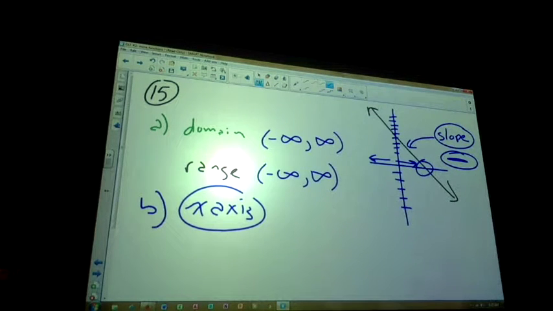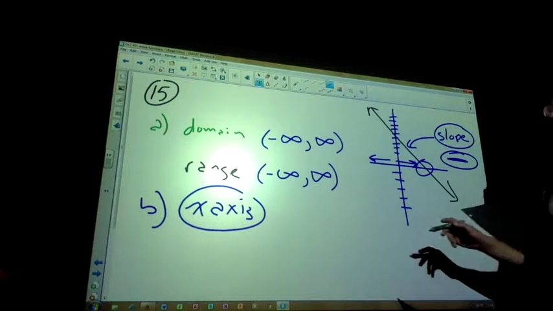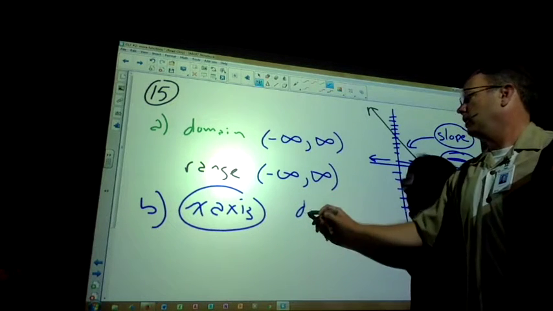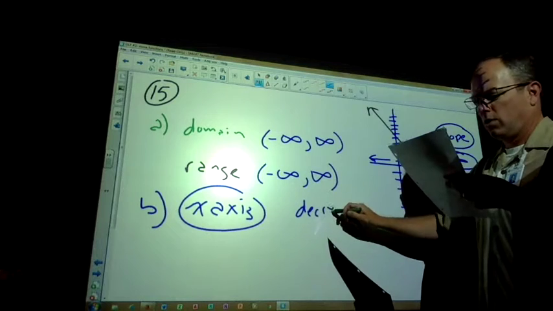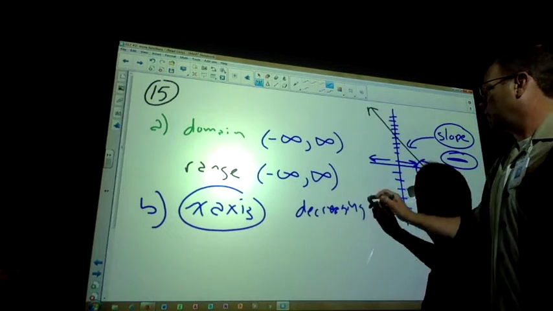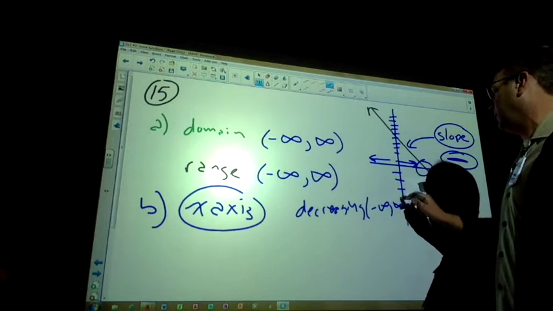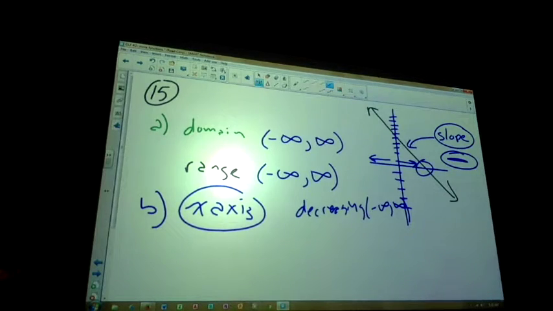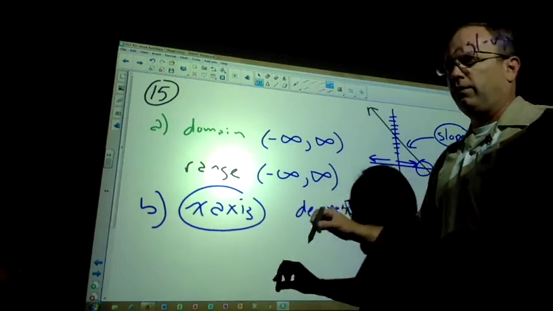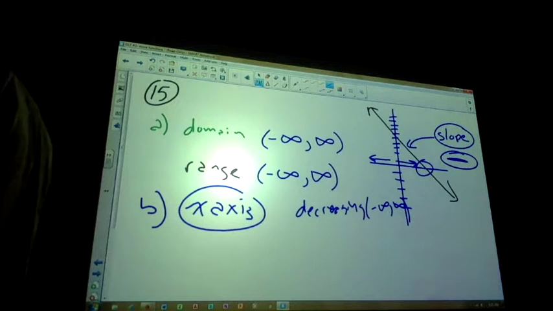We'll get a little bit there, but if you are falling to the right, as far as a straight line goes, that's called a negative slope. So this graph is decreasing from negative infinity to positive infinity. The graph itself is pitched downward from negative infinity to positive infinity.